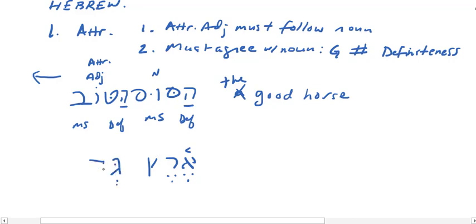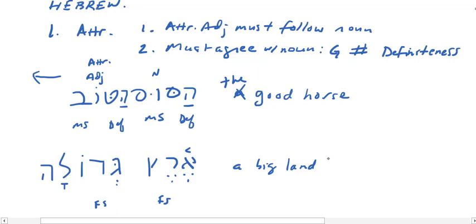It's feminine. So you might look at eretz and say, that's a masculine noun. But in fact, it really is feminine singular. So my adjective has to be what? It has to be feminine singular as well, right? And if eretz doesn't have the article, then gedolah can't have the article. And this is the way my attributive adjective will look. A big or great land.